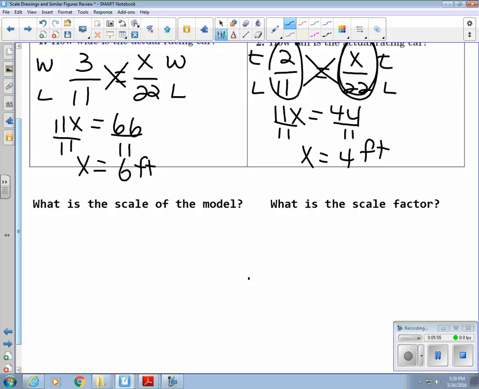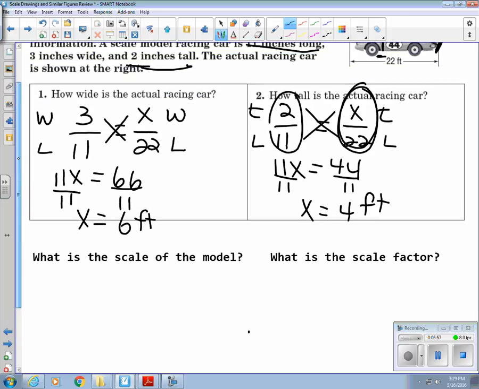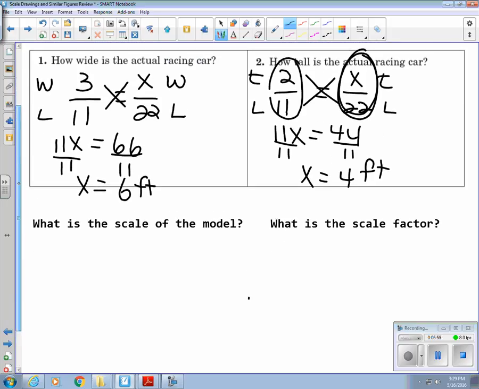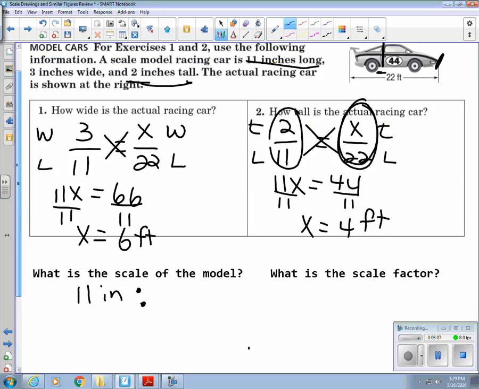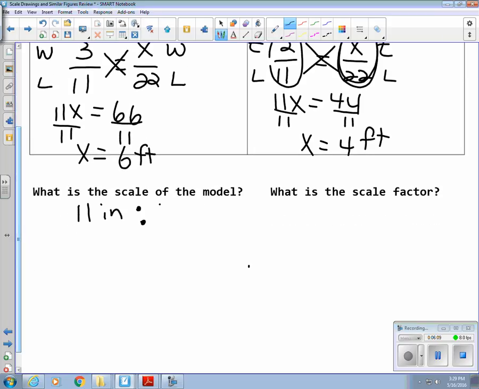So I know that the scale model was 11 inches long, so I have 11 inches for the scale model, and the actual car was 22 feet long, so 22 feet. You'll notice that in a scale, the units are different, inches and feet. That's what a scale is going to give us: the measurement of the scale model compared to the same measurement on the actual.